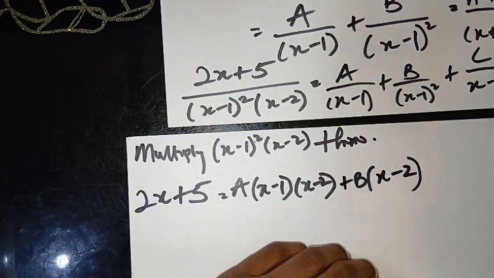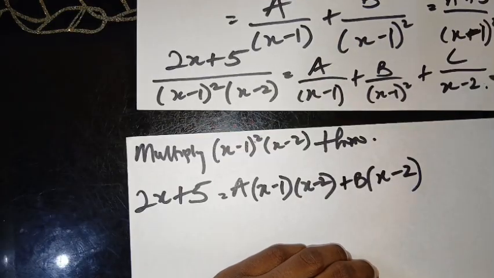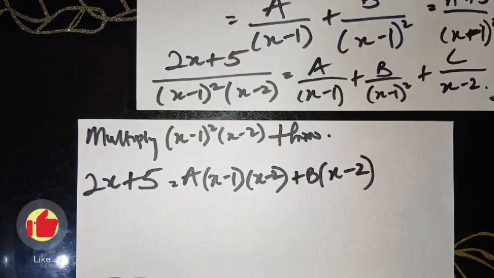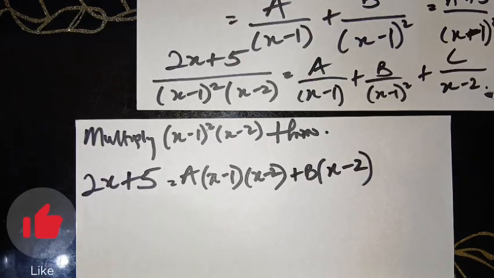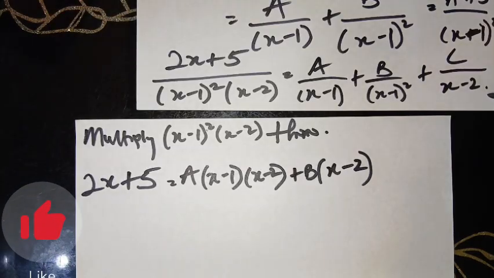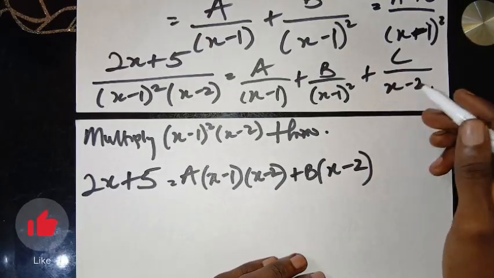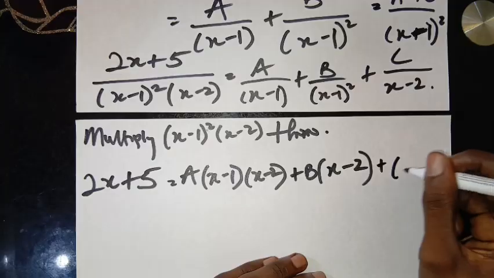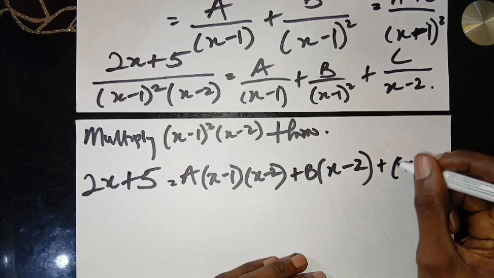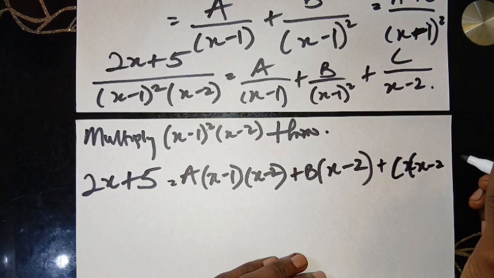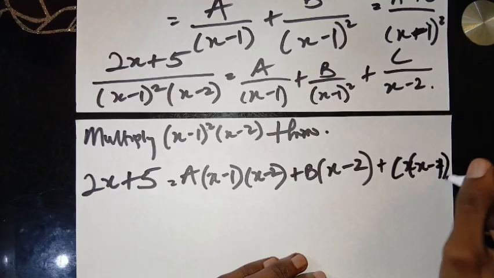And this last one, C over x minus 1 squared, will be reduced, this will cancel out, so you have C times x minus 2. So sorry, minus 1 all squared.